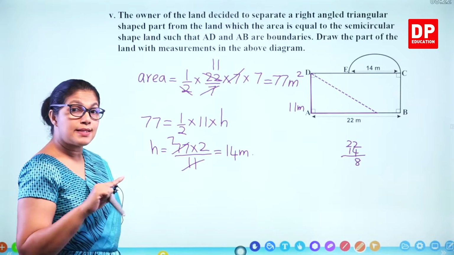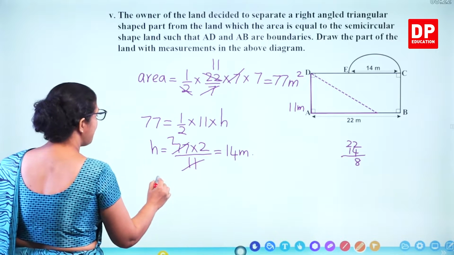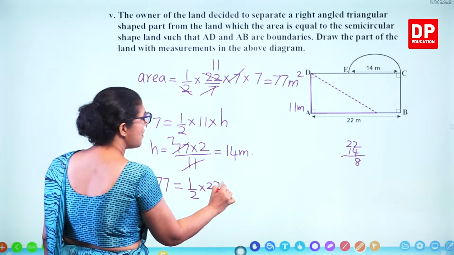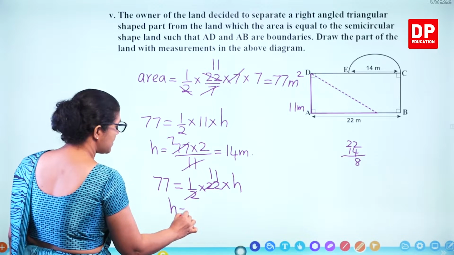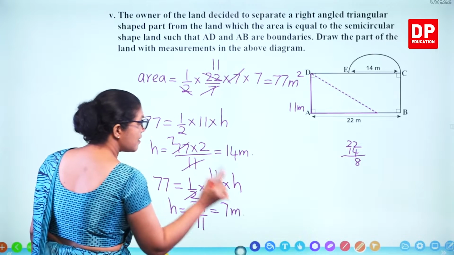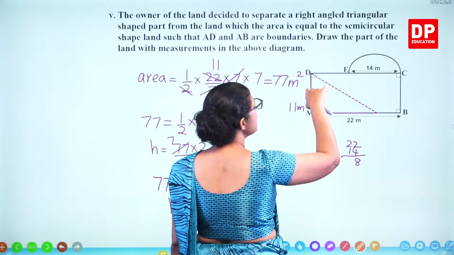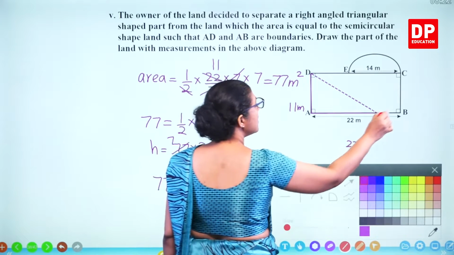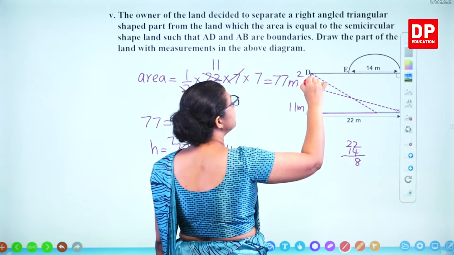If AB is the full length for a triangle, then 77 is equal to half times 22 times h. So h can be 77 divided by 11, that's 7 meters. So that means if you take full length as this, it can be 7. So the other possibility is with this length, 7 here.